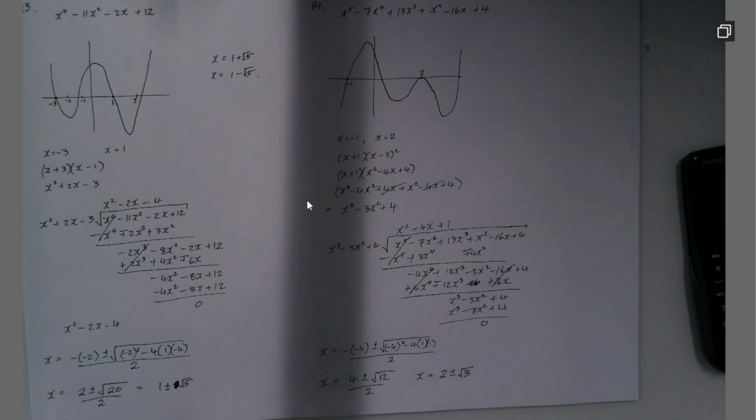And there you have your two non-integer roots: 2 plus square root 3 and 2 minus square root 3.